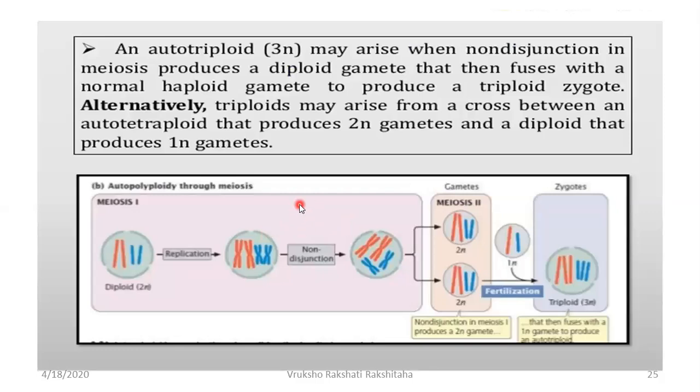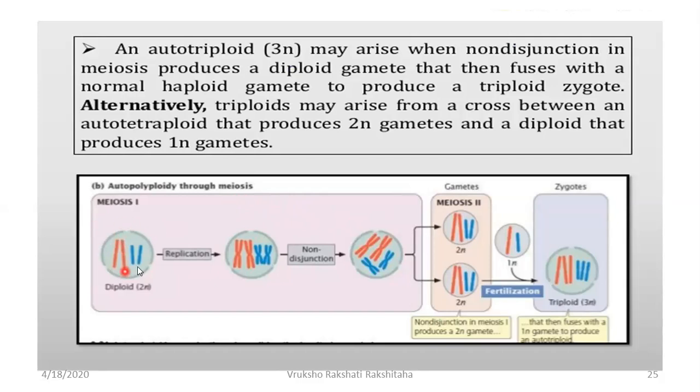Now let us take a typical example of what happens during meiosis, how autotriploidy occurs. We are going to look into the phenomenon of meiosis, where autotriploidy is going to originate, or how an autotriploid cell is formed.